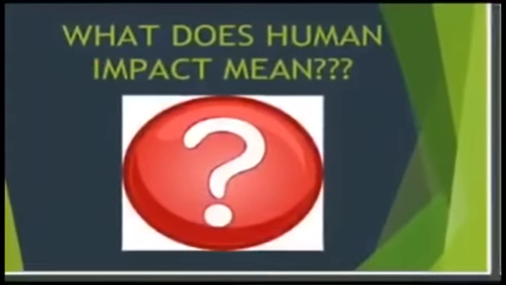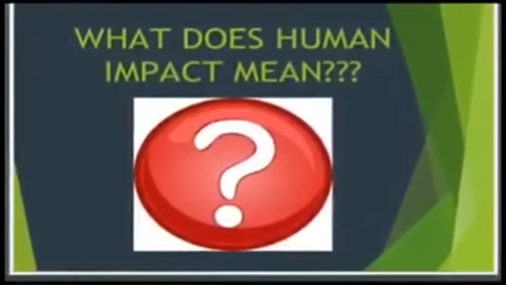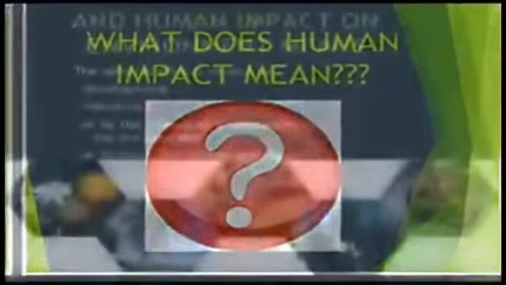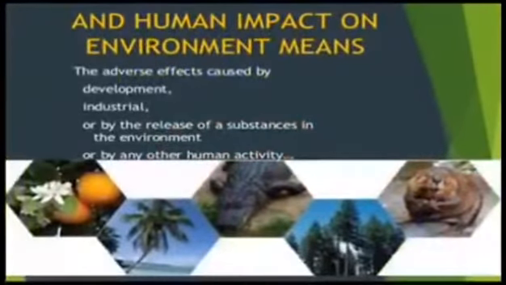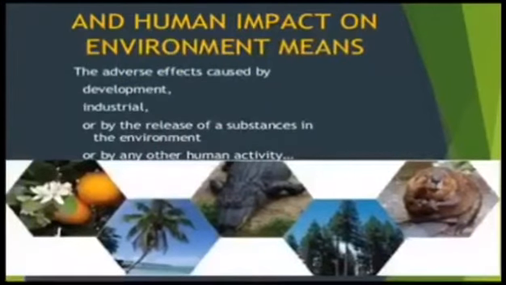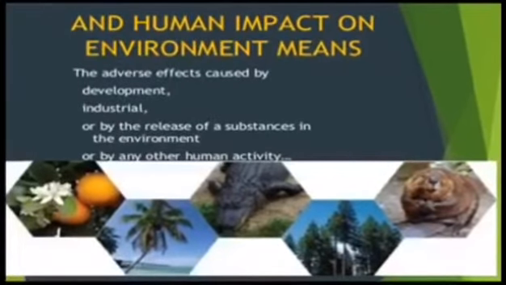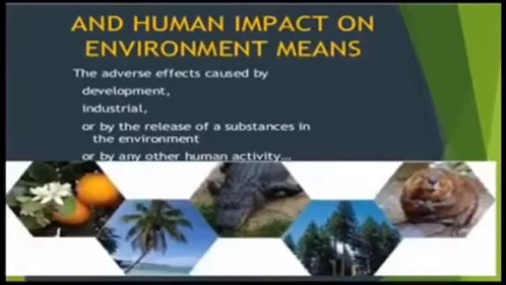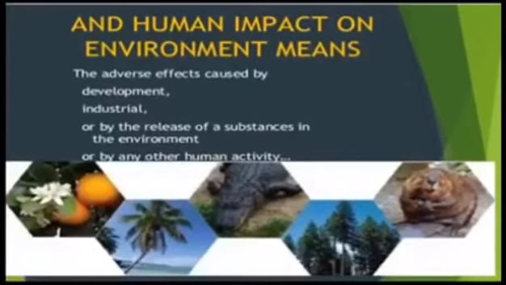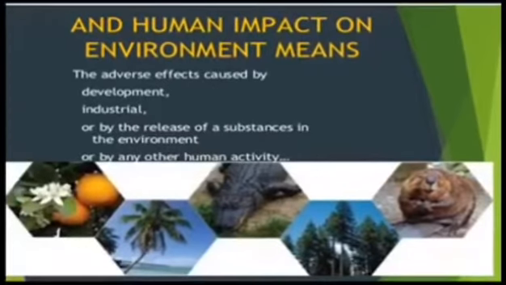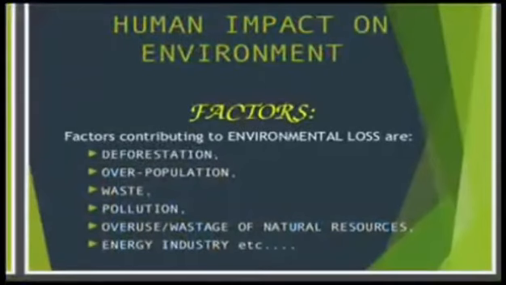So let's talk about human impact on environment. What does human impact mean? Human impact on environment means the adverse effects caused by development, industry, or by the release of substances in the environment, or by any other human activity, like how humans pollute the environment, and how industrial or waste materials affect our environment, and we will talk about these things.